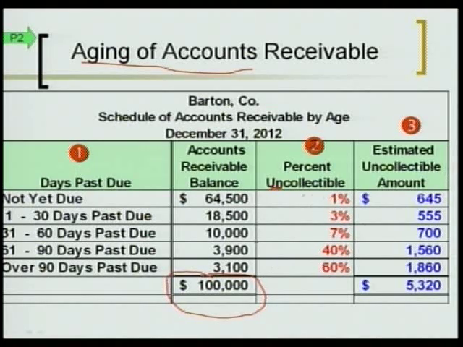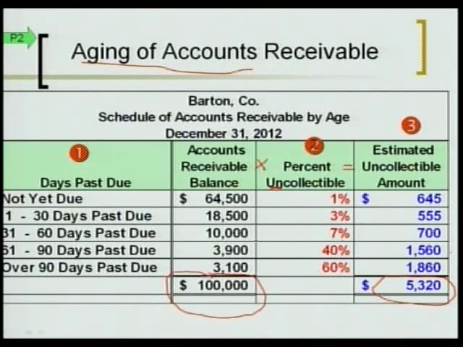So you take these amounts times that, and you get the estimated uncollectible amount. And the total of that then is 5320. Okay? Now we're not done, but before we go on to this slide, do you see what we did here?